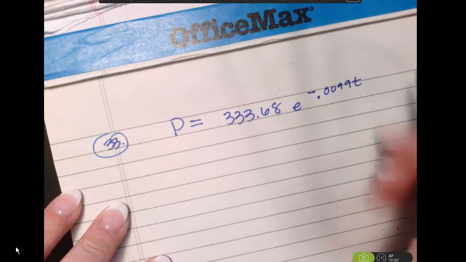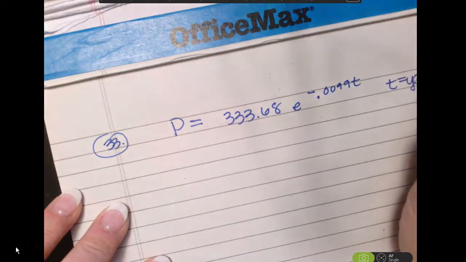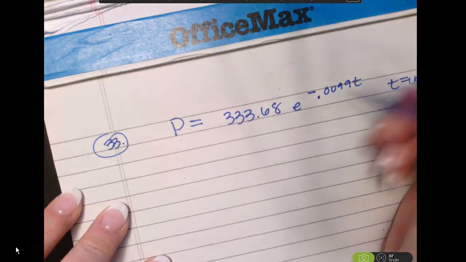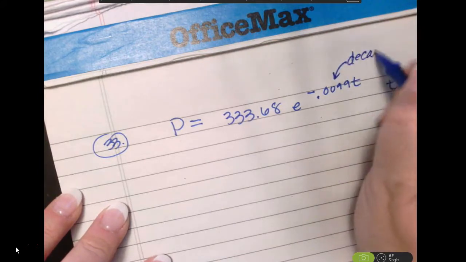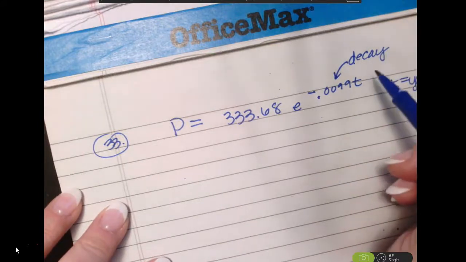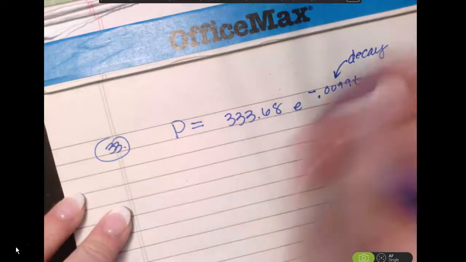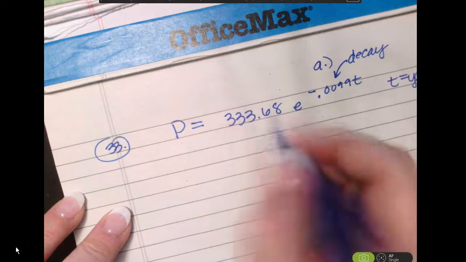So it looks like, where t is the year and 2000 is the first year, but it's kind of looking like we've got the population is going downward. So, oh, and I just answered part A. So that's decreasing because it's got a negative there.